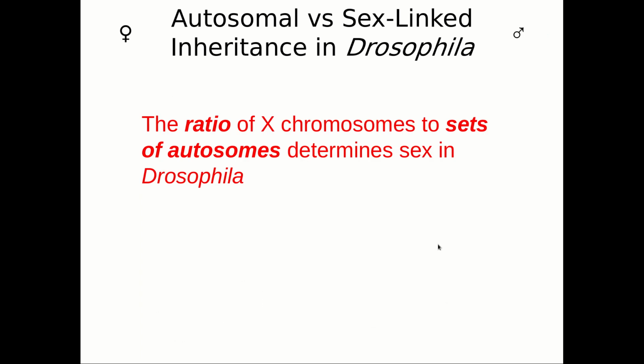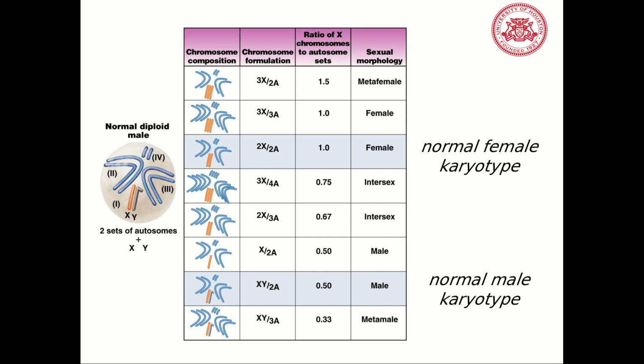Now, the ratio of X chromosomes to sets of autosomes determines the sex of Drosophila. In other words, it's not quite the same as in humans. It's not as simple as X and Y or XX and XY. It's the ratio of X chromosomes to the sets of autosomes that determines the sex in Drosophila.